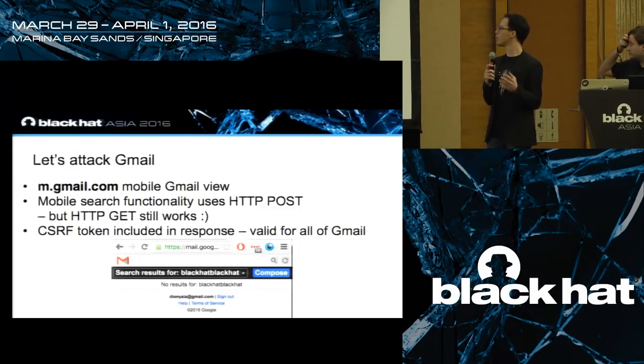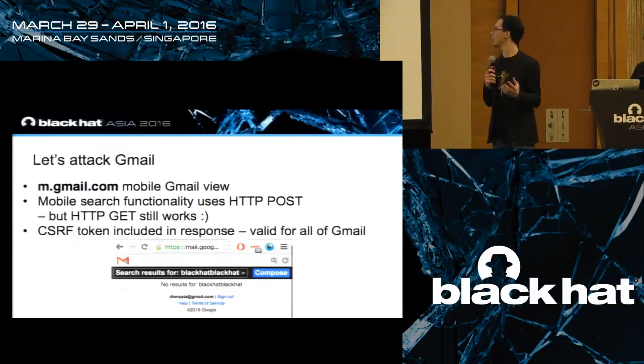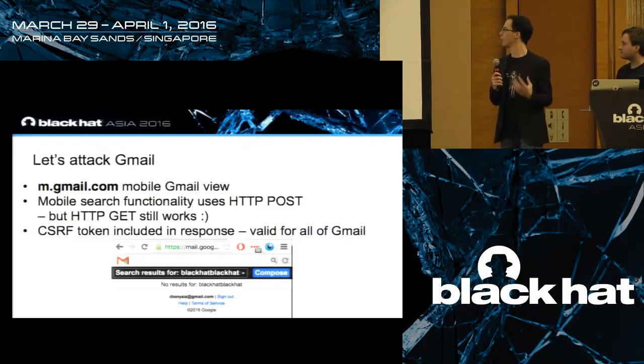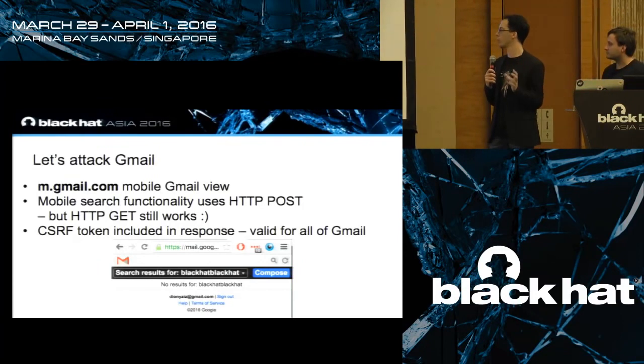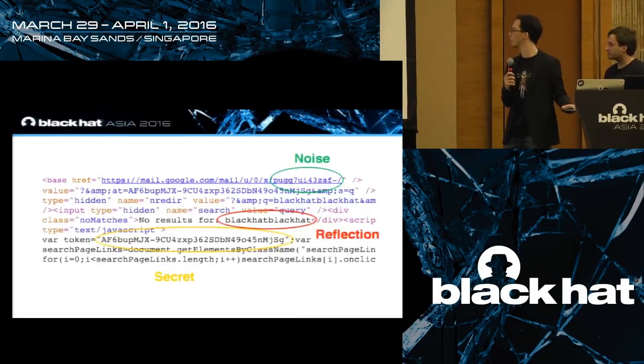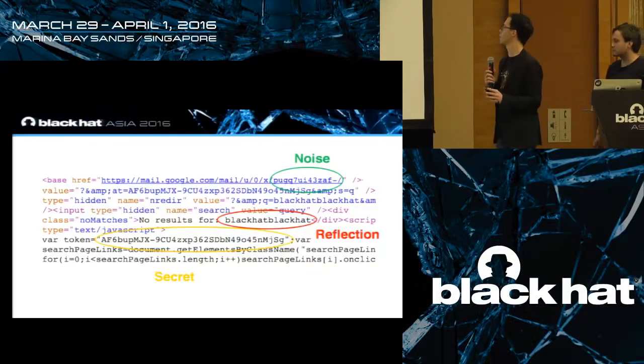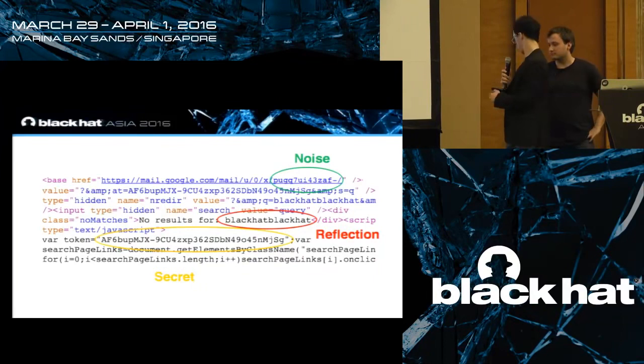This body also includes a CSRF token that is valid for all of Gmail. So we as the attacker can inject our own plaintext, and this plaintext will be compressed along with a CSRF token for all of Gmail. In this case, we see such a response.